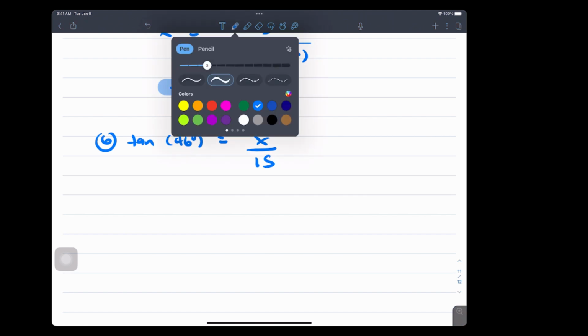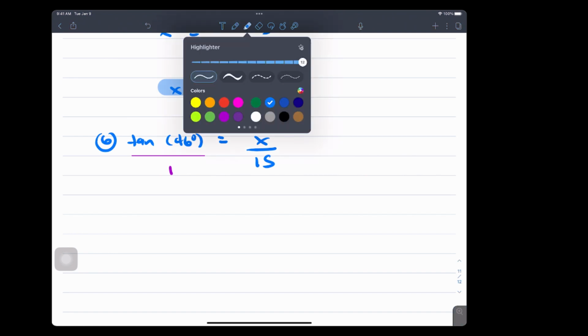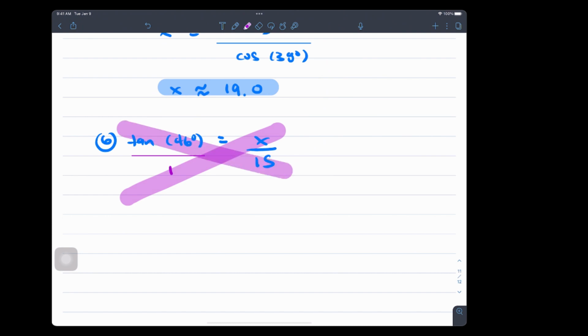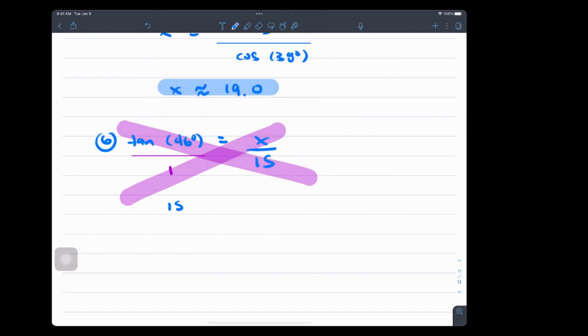Let's work with this proportion again. Two equal fractions is a proportion. If I cross multiply, what does that give you? 15 times tangent 46 degrees becomes x.